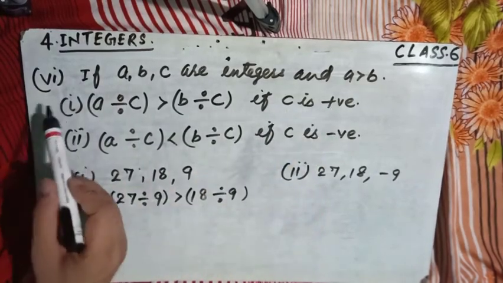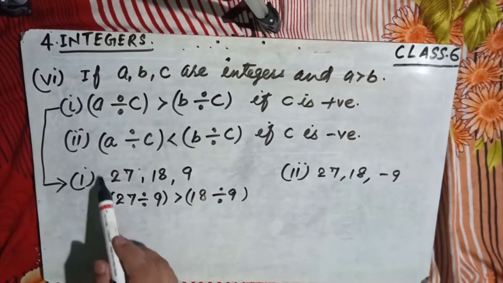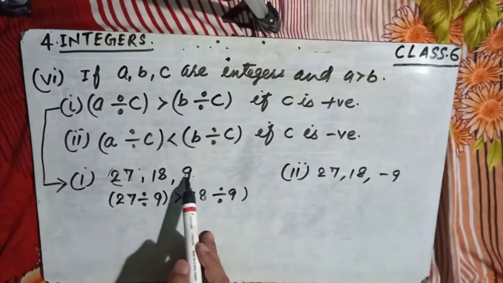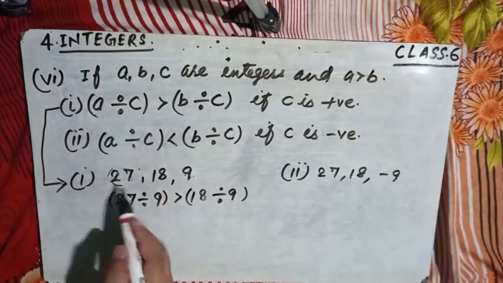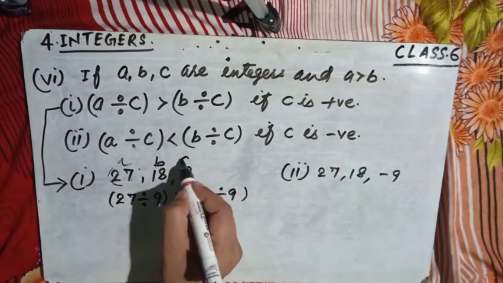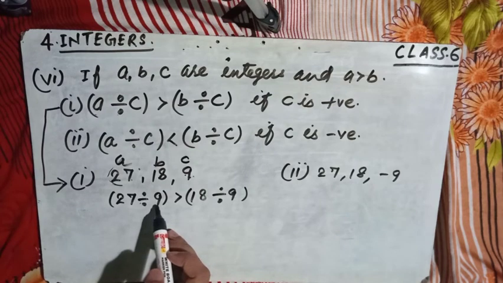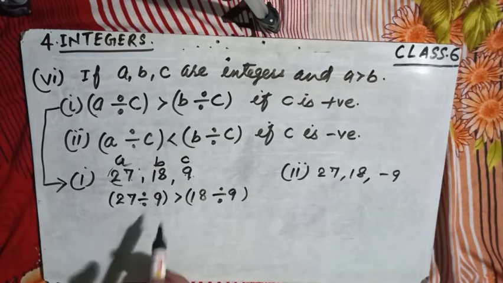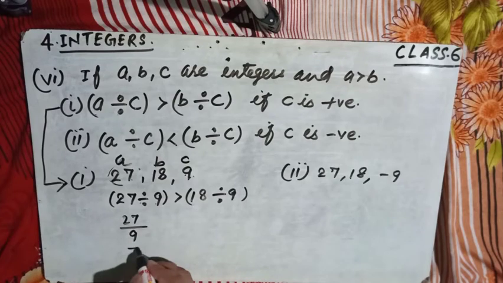Let us understand this with the help of an example. Here a is 27, b is 18 and c is 9, which is positive. First find a divided by c: 27 divided by 9 is 3.